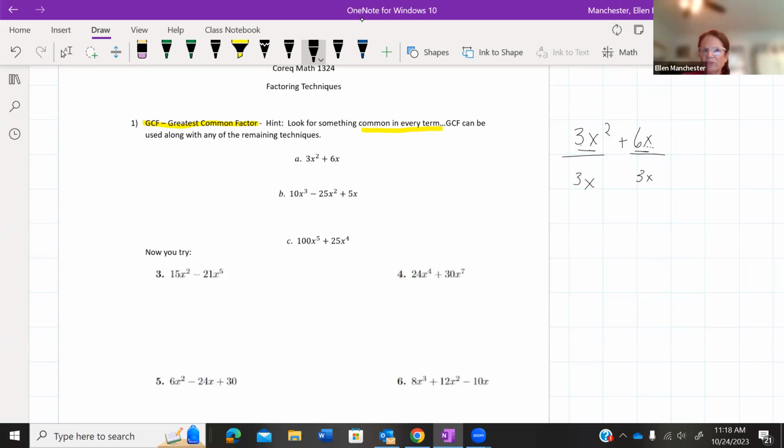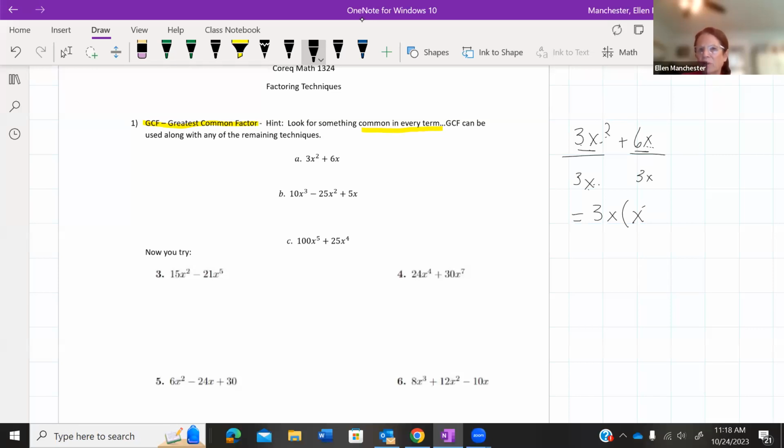This is the greatest common factor. So when you answer this question, you're going to have what's in common on the outside of the parentheses, and then you're literally dividing. So 3x squared divided by 3x is just x. And the way I get that is 3 divided by 3 is 1. X squared divided by x is just x.